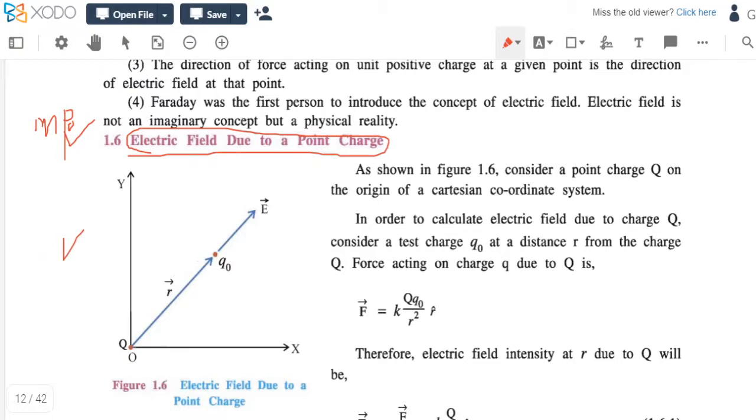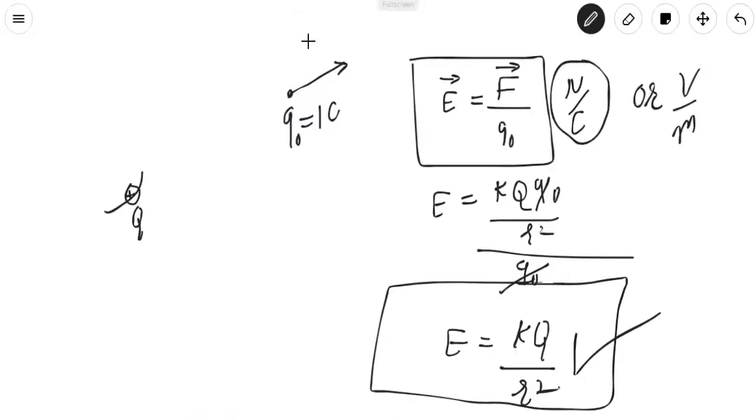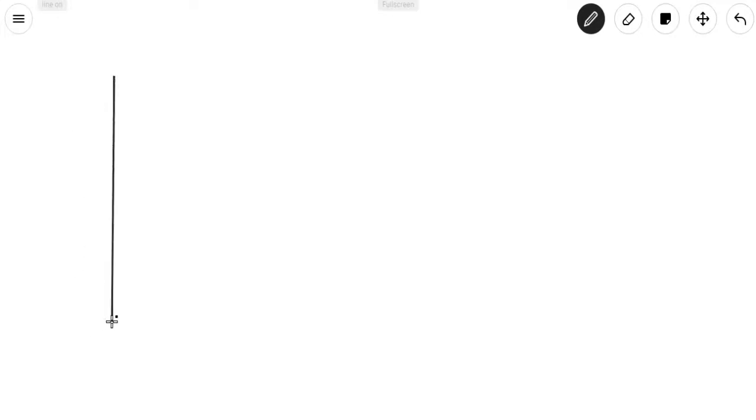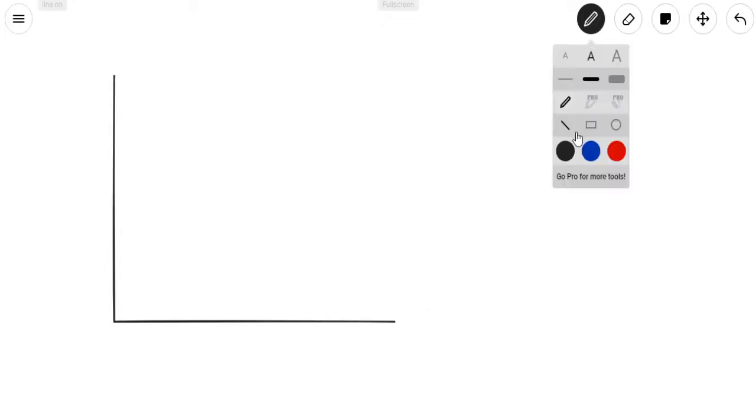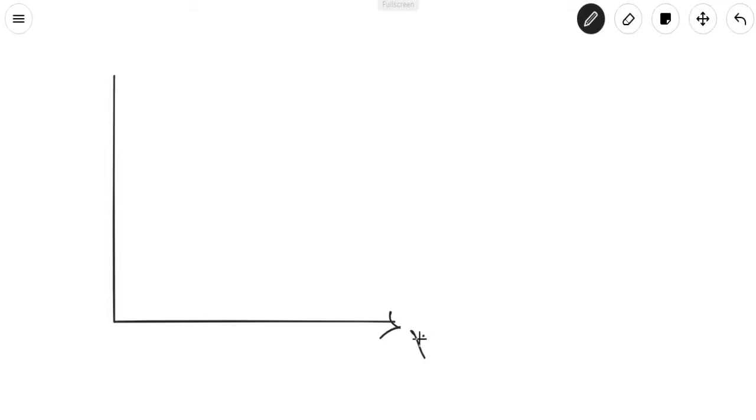Let me explain it here itself, then you will understand. We need a Cartesian system. Here is the y axis, here is the x axis. Any axis you can assume to your comfort. So these are the two axes x, y, and we want to find the electric field due to a charge, say capital Q. This is the positive charge.